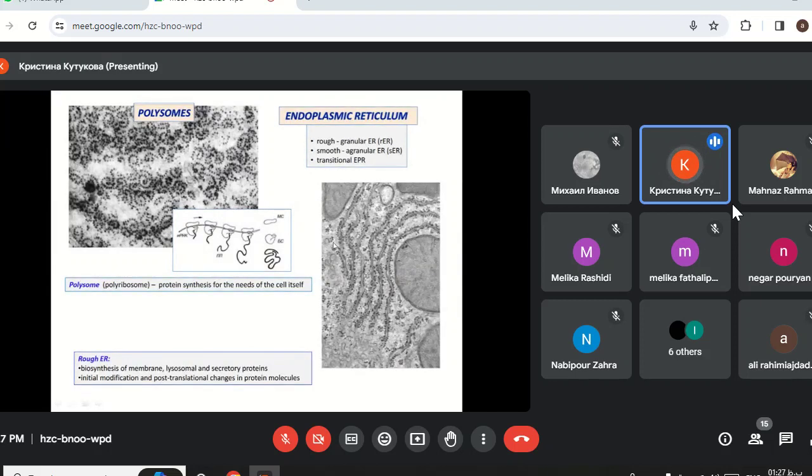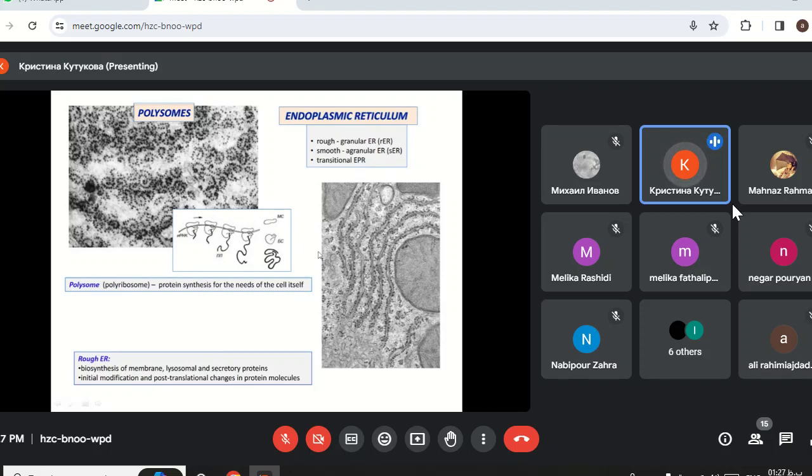Every black dot is one ribosome. They are attached to the surface of the cistern of rough endoplasmic reticulum, making it rough. Smooth endoplasmic reticulum, which is seen here, also has cisterns, but no attached ribosome, so it is smooth.